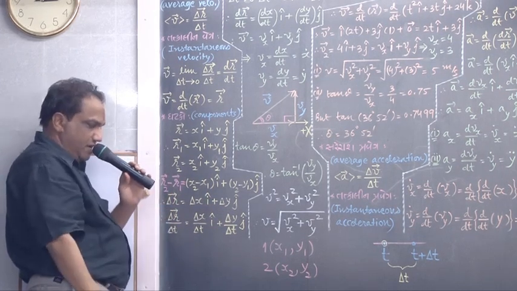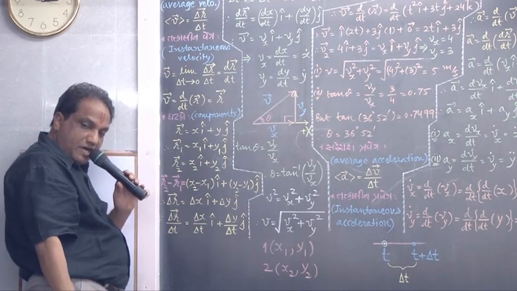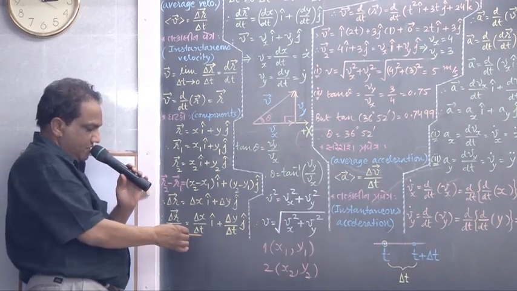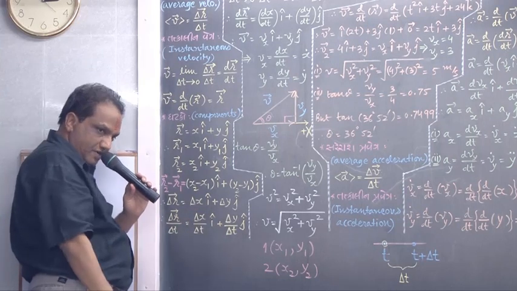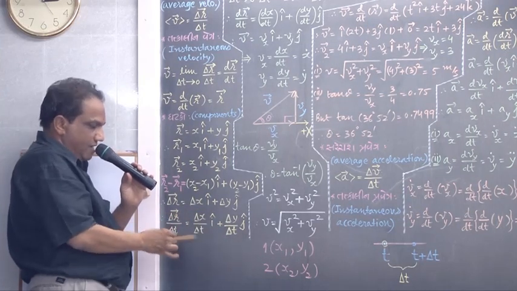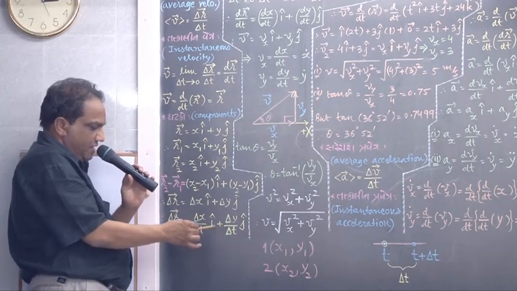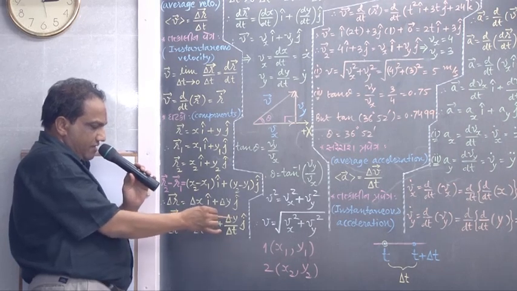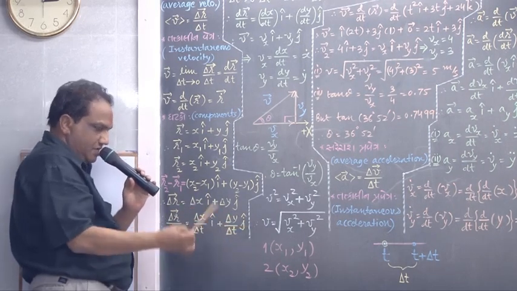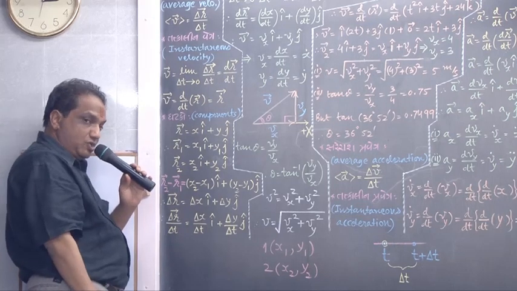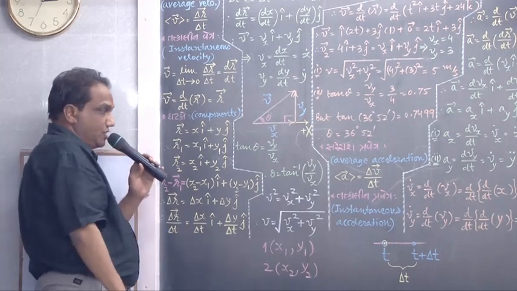Divide each term by delta t. Vector delta r by delta t equals delta x upon delta t into i hat plus delta y upon delta t into j hat. Just take the limit delta t tends to 0 on both sides in each term.